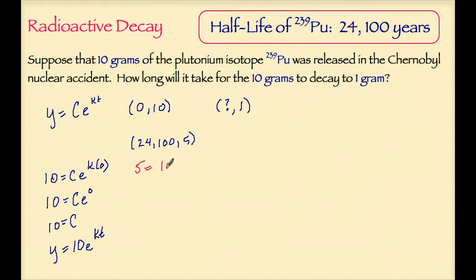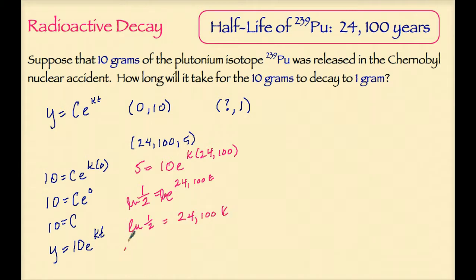5 equals 10 e to the k times 24,100. Dividing both sides by 10 gives me 1/2 equals e to the 24,100k. We're going to need to take the natural log of both sides. This gives me the natural log of 1/2 is equal to 24,100k.